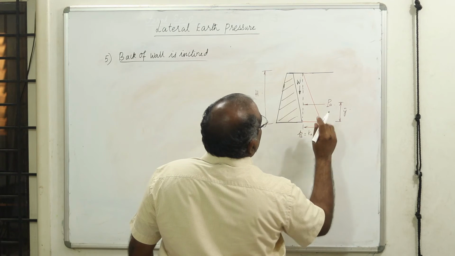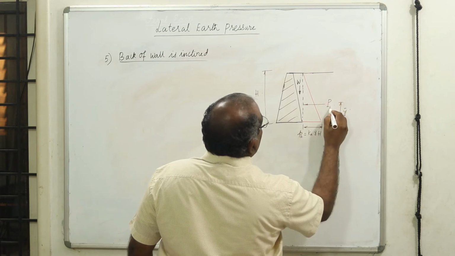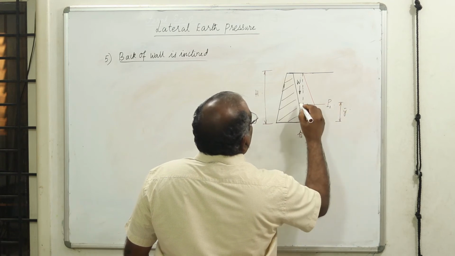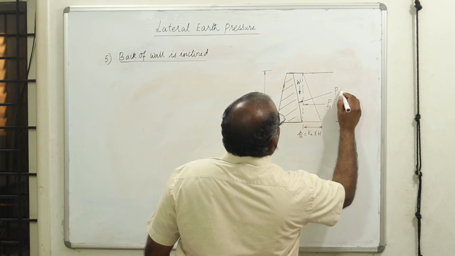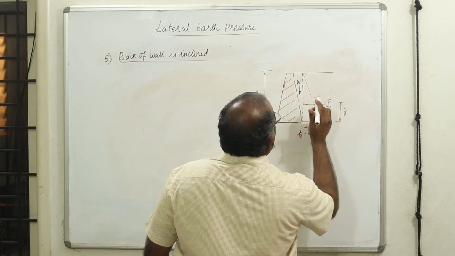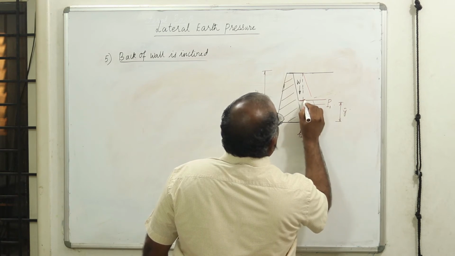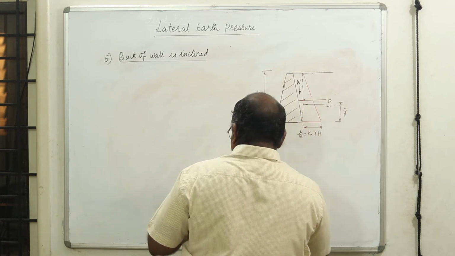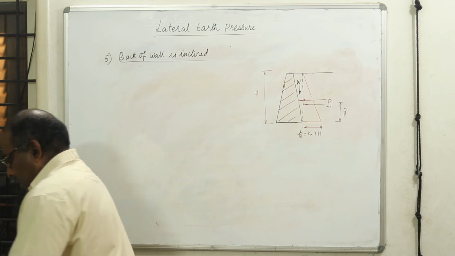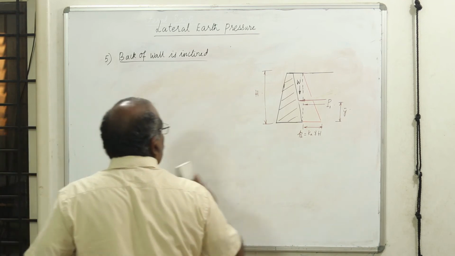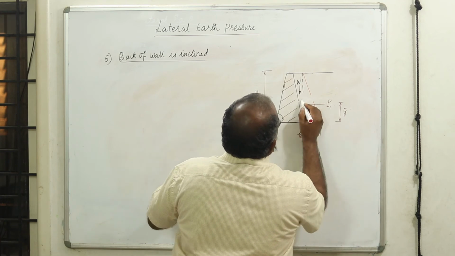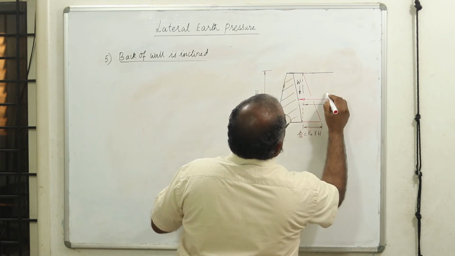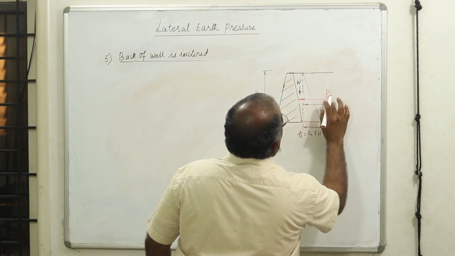Now, this is not PA, this is P1. Now I need to get my thrust. Sorry, this is not inclined. It shall be. Let me use a different color because I need to differentiate. This is PA.